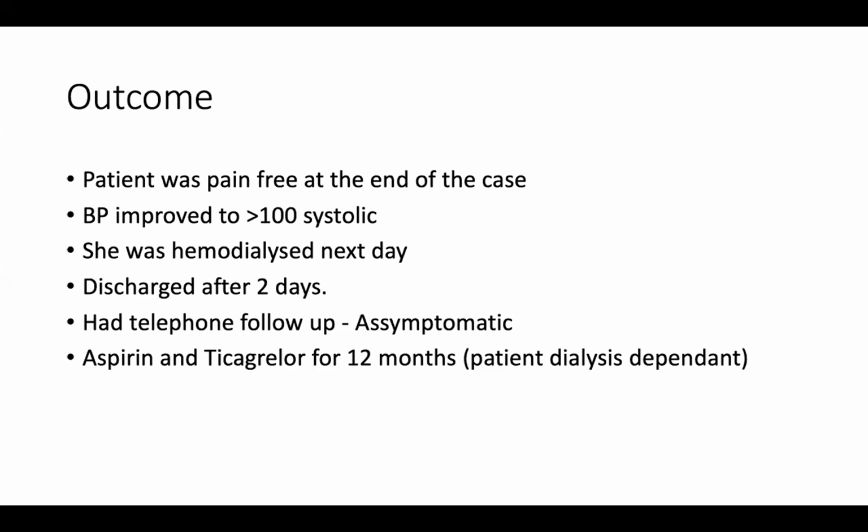So I usually give a 100 to 250 microgram intra-aortic bolus of phenylephrine. It brings the blood pressure quite significantly up, and you get a few minutes where you have a good blood pressure and you can complete the procedure or get the flow in the coronary at least. Anyway, this is the poll result as to what the audience feels.